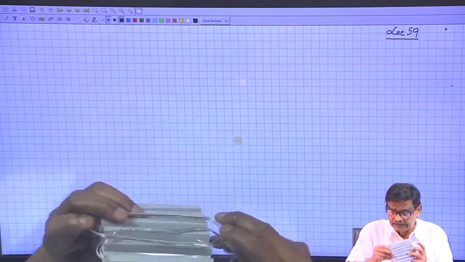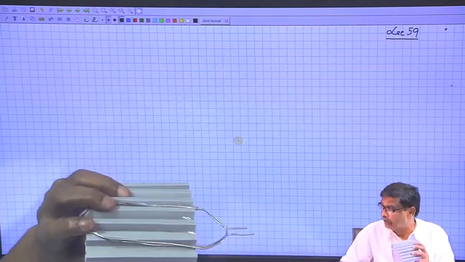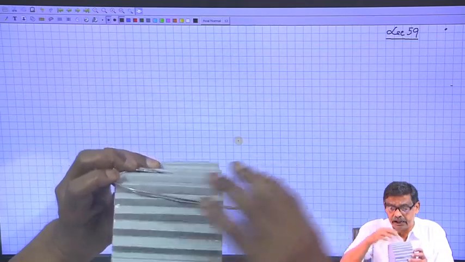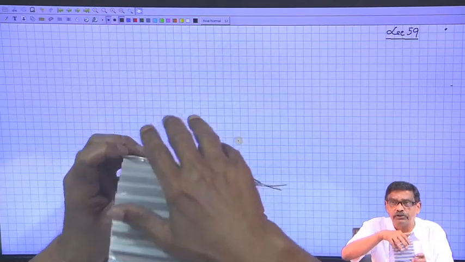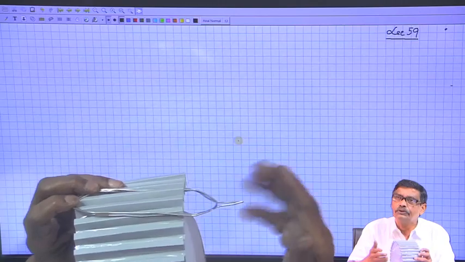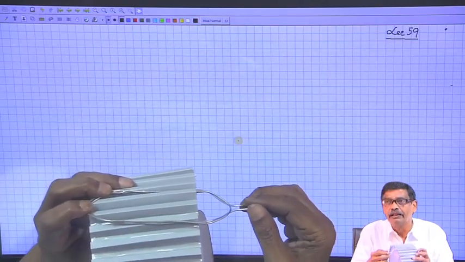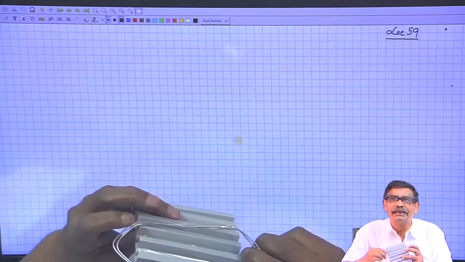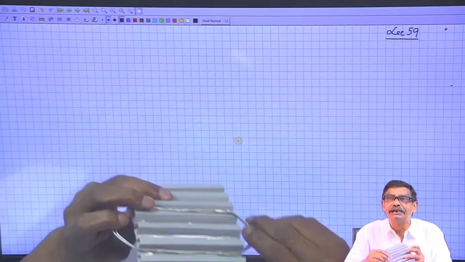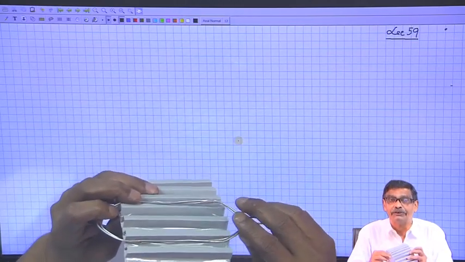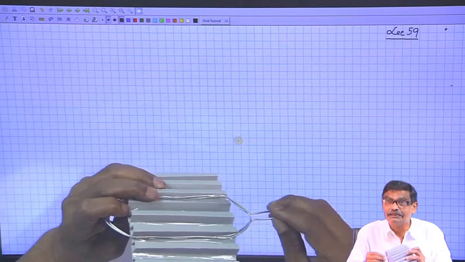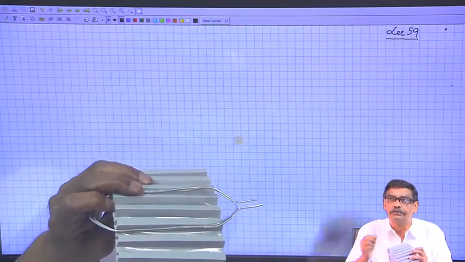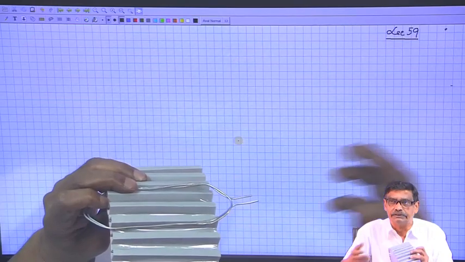See, what happens is this: if you have a single coil like this and this rotor is rotated under the influence of north south, then we know across the coil there will be AC voltage induced. But I want to make it a DC generator. So, how to make that AC voltage converted to constant value DC voltage to be generated.